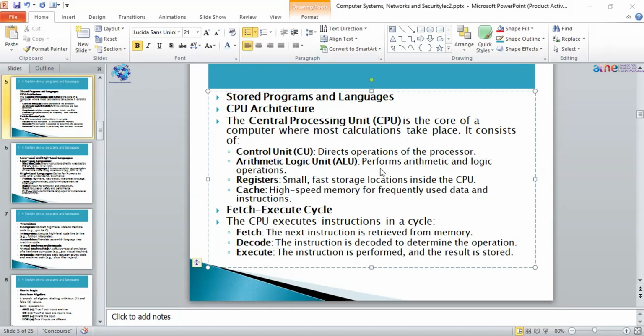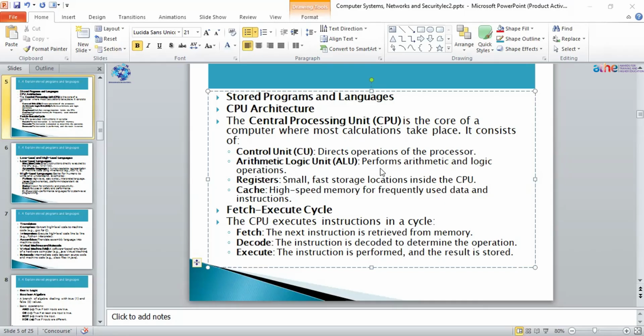Then we have caches and registers. If you remember, in the last lecture we discussed caches and registers. I told you that registers are very small and very fast storage inside the CPU, where the most frequently used data is placed.